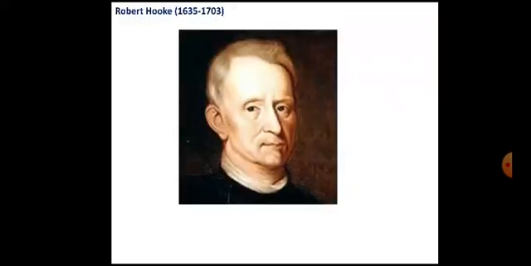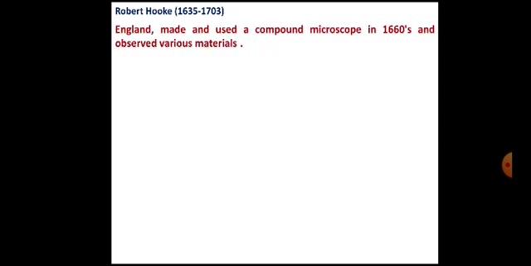Then another vital contribution was made by Robert Hooke, from 1635 to 1703. Robert Hooke was another person who constructed a better compound microscope as compared to the first one.